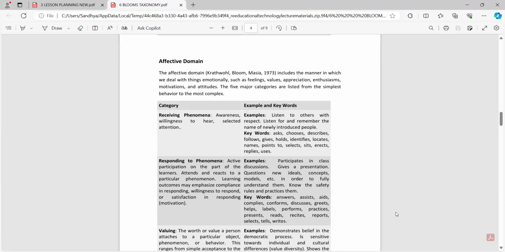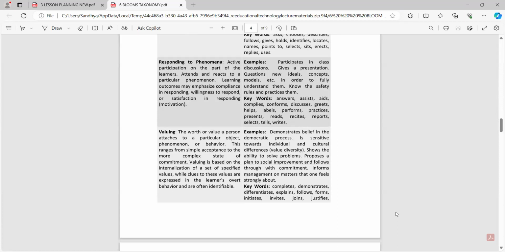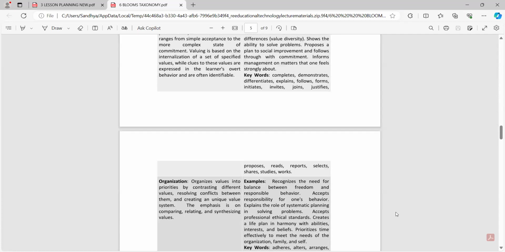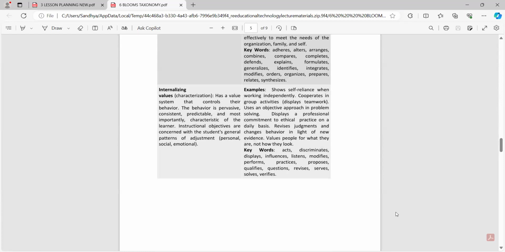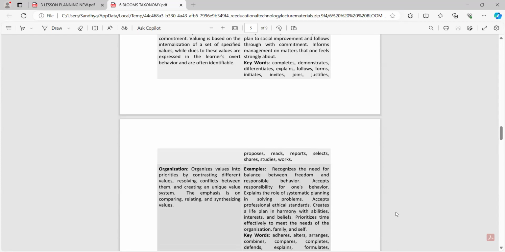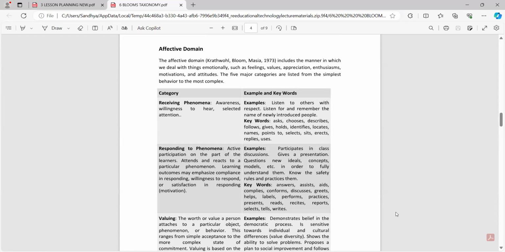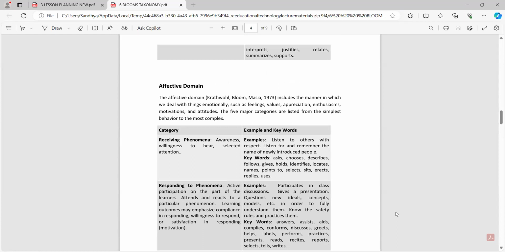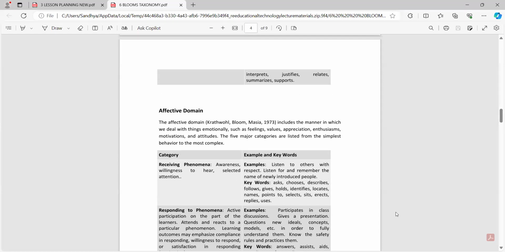Receiving phenomena, responding to phenomena, valuing, organization, internalizing. How many levels then? 1, 2, 3, 4, 5. In the cognitive domain, there are 6 levels, basically into 2 parts, hot and lot. Here in the affective domain, there are 5 levels.